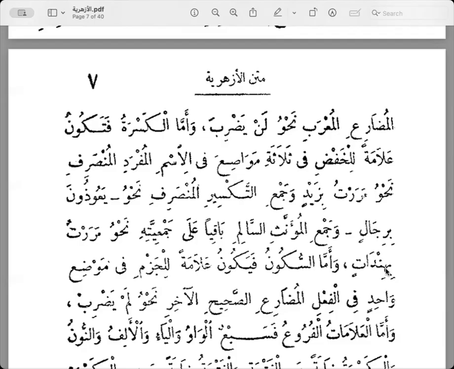So as long as it's a bunch of women, it's plural. باقيا على جمعيته, right? It's still plural. Okay, so how could it not be plural? We mentioned before the place Azri'at. Azri'at is a place to the north of Jordan. Azri'at is called Dir'a today.